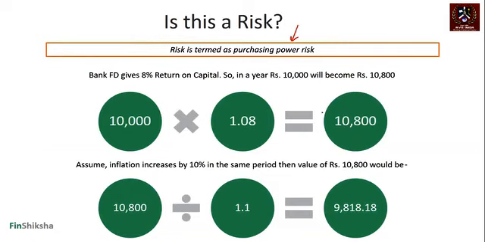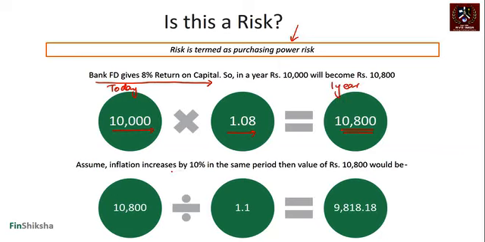Let's understand how it affects your investments. If your bank FD gives 8% return on capital and you have 10,000 rupees in your bank account at 8%, you will have 10,800 in your hands at the end of 1 year, right? So this is today and this is after 1 year.